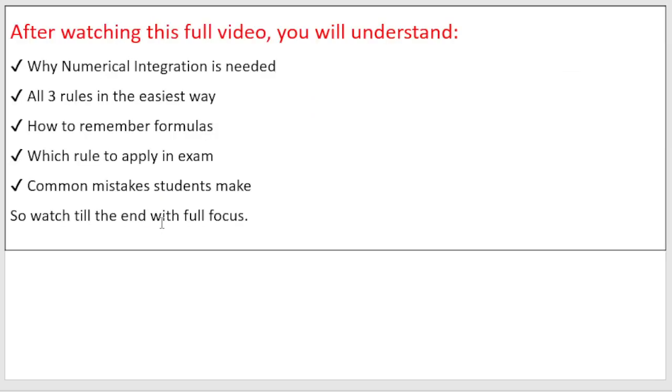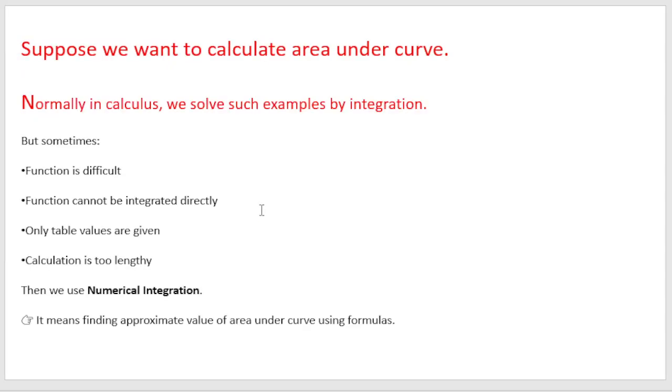After watching this full video, you will understand why numerical integration is needed, all three rules in the easiest way, how to remember the formula, which rule to apply in examination, and common mistakes students make. So watch till the end with full focus.